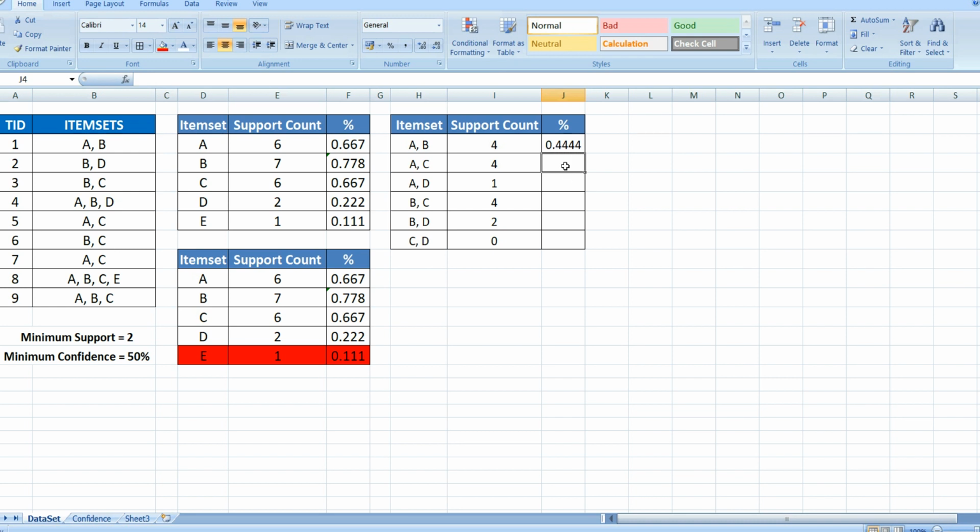We do the same for the other values: 1 divided by 9, 4 divided by 9, 2 divided by 9, and that we get also a 0. Let's take these items so that we can compare them with the minimum support.